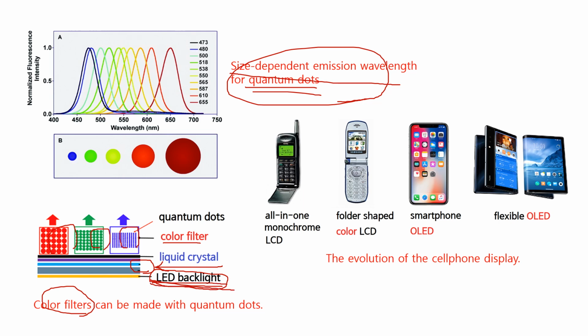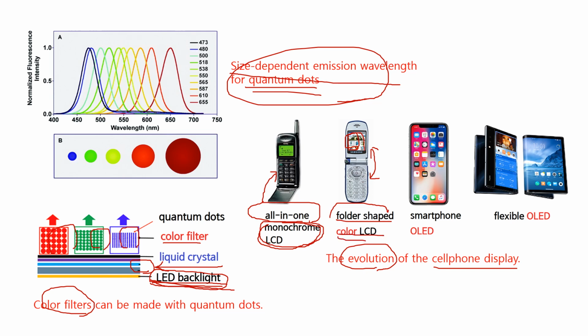And this figure shows the evolution of the cell phone display. First, we used a monochrome LCD display, and then we used the folder shape. It's a folder shaped phone, and the display is a color LCD.